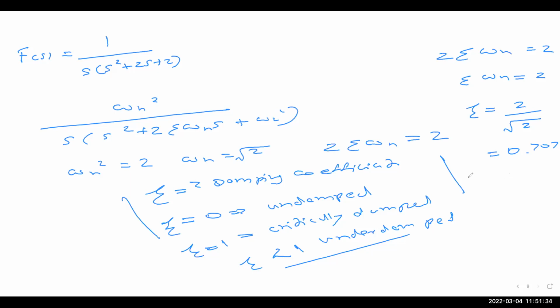So this system is underdamped. Now we got our parameters, so we can substitute in our equation: omega n squared over s squared plus 2 zeta omega n s plus omega n squared.